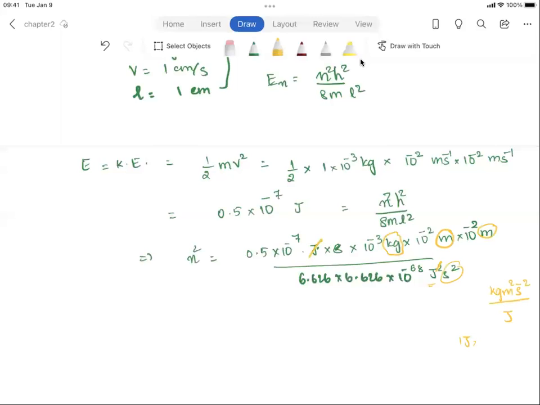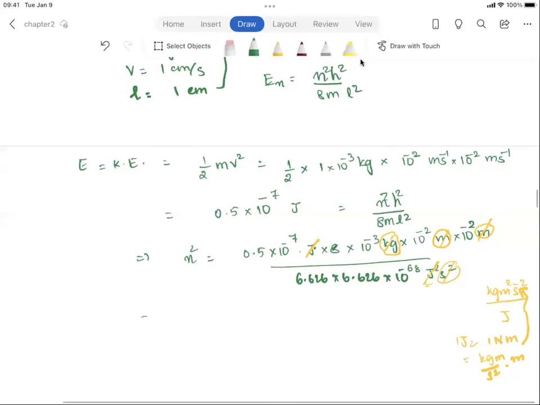And 1 joule is actually 1 Newton meter, which is kg meter per second squared times meter, which is nothing but kg meter squared per second squared. So that is the same as a joule, so all the units get canceled out. And that makes sense because n and n squared are both unitless.